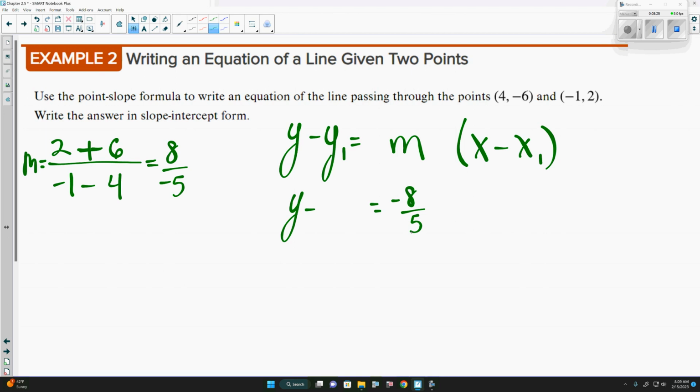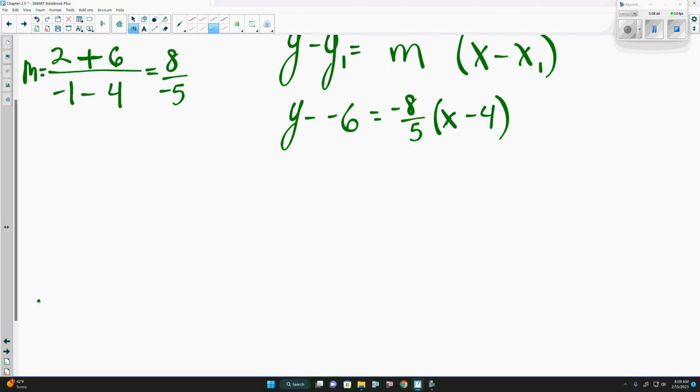Now at this point we can pick one of these 2 points to use. I'm just picking the point 4, 6. And now at this point here we can simplify and get y by itself. So y minus negative 6 is the same as y plus 6.